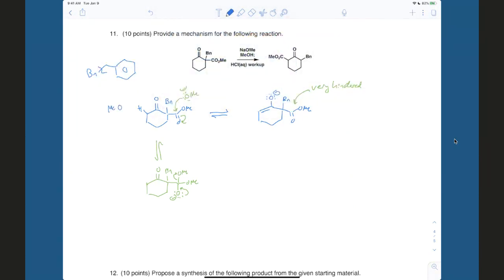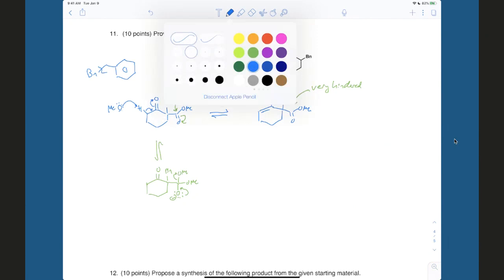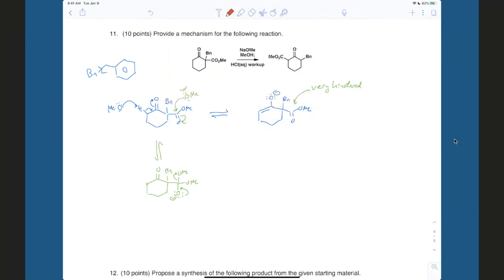So we had methoxide act as a base. We just need to come up with one more reaction that it could do. Oh, sodium methoxide attacks ketone. Cool.